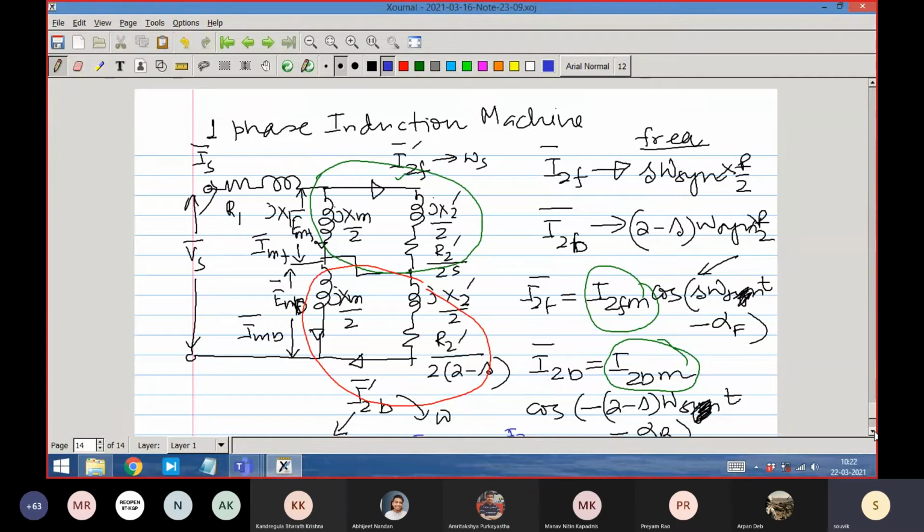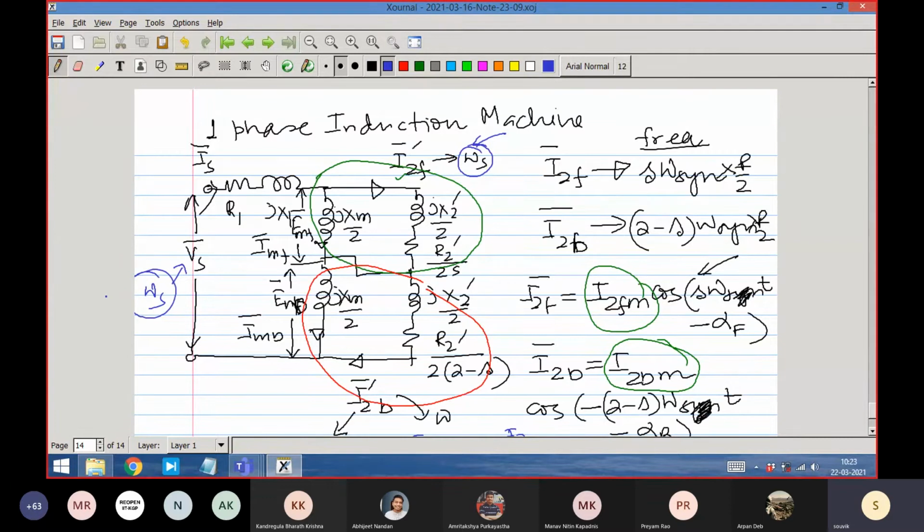The rotor circuit actual reactance was s X2, but by scaling it has become X2 because you have scaled by s. Therefore there is a frequency scaling, and the current has become of the same frequency as the stator supply frequency. The supply frequency is omega s, and the reflected rotor current also has a frequency of omega s.